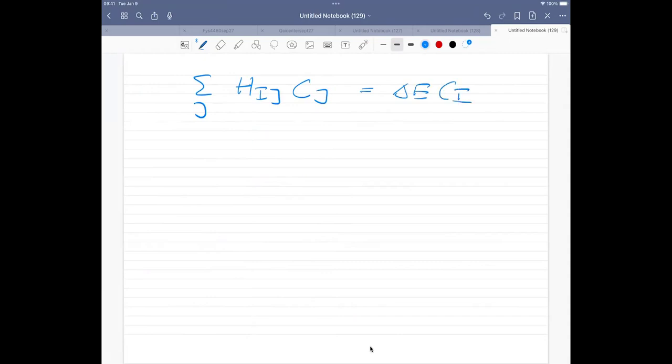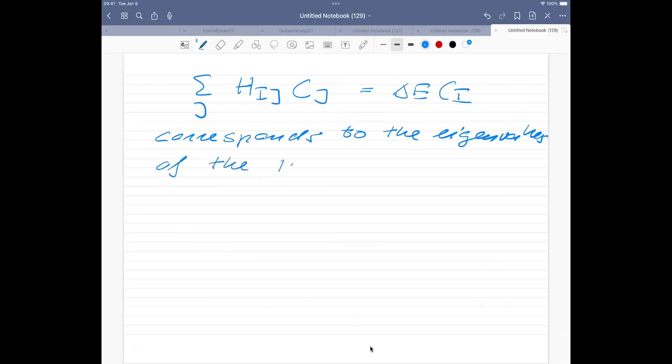So this is a way to find the eigenvalues for the one particle, one hole states, but where you made an approximation where you're not mixing in any two particle, two hole or three particle, three hole states. So this would correspond in principle to the eigenvalues. And just keep in mind that we have subtracted the reference energy. So it's the relative energy to the eigenvalues of the one particle, one hole states.